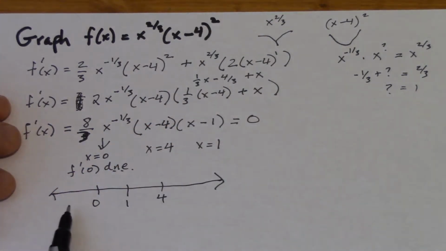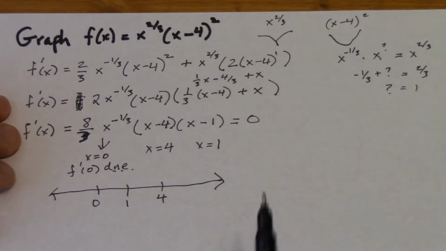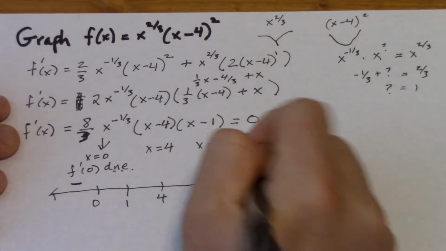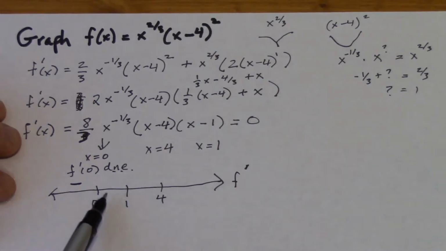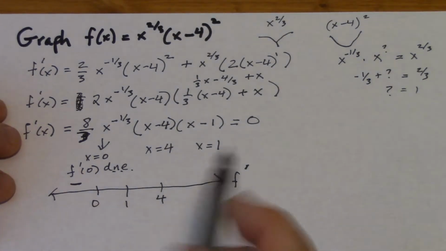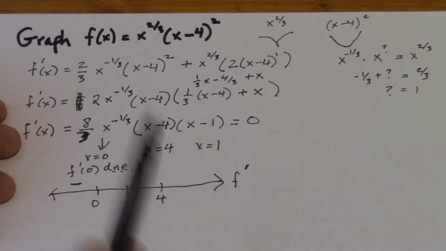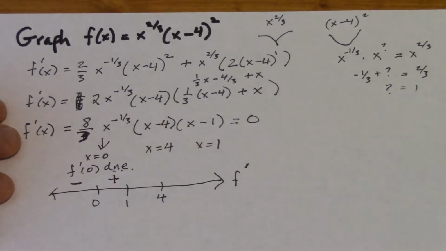Okay, so when I plug something negative in, all three terms are negative. So that means negative. Well, this is for f prime. When I plug something between 0 and 1 in, that term's going to be positive now, but those are going to be negative, so that's going to be positive.